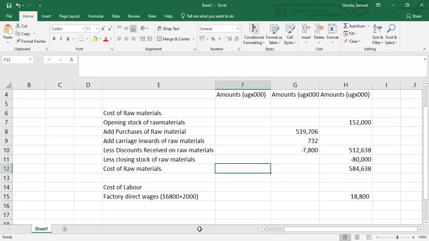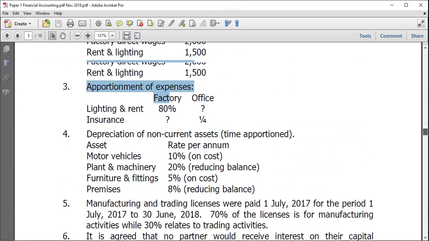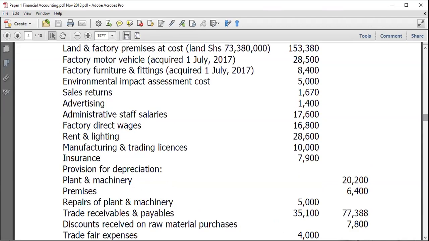Now, when I go back to my question, mine is just to look out and see if that is all about labor and raw materials. And then the next thing I'll check is, do I have any other direct expenses? Because those are the direct expenses. We sometimes call them prime costs, okay?